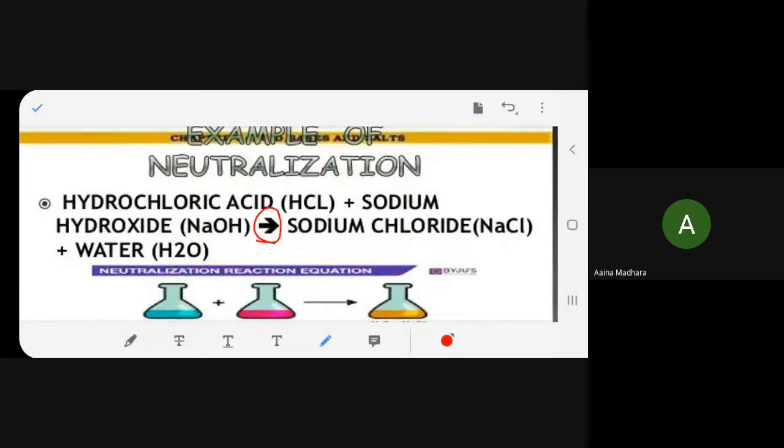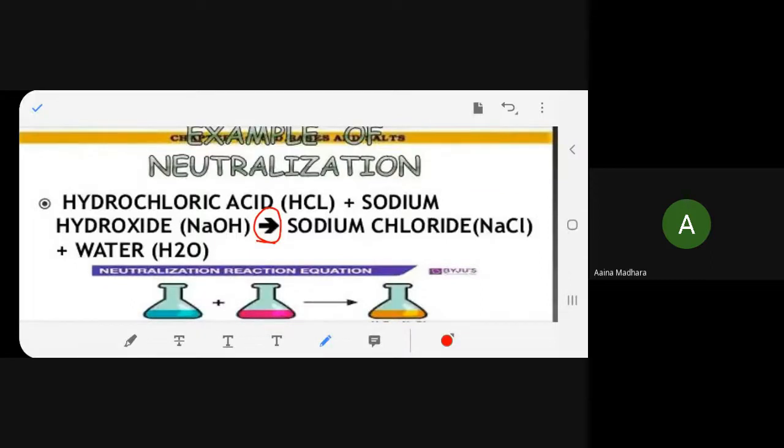It gives sodium chloride, NaCl, plus water, H2O.